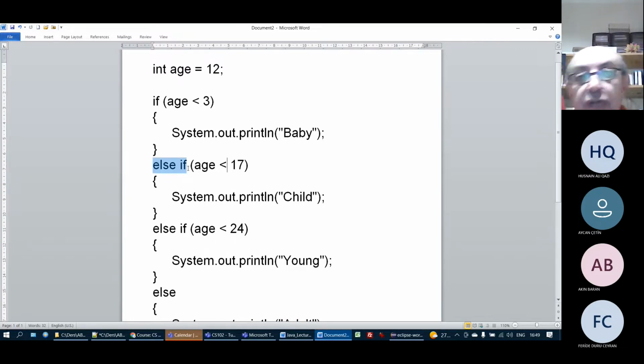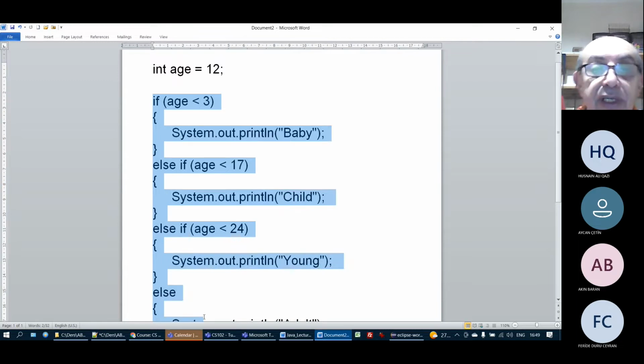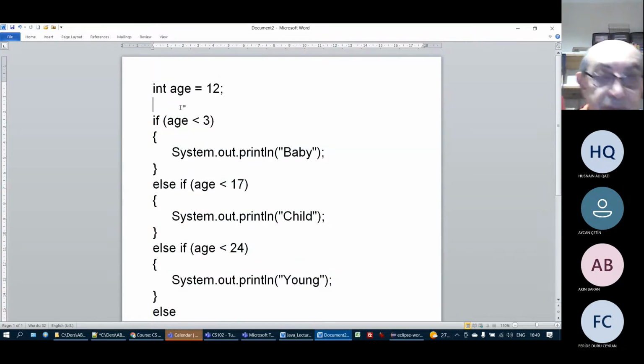So we can have this kind of nested if statements, which checks several cases together. For example, we can have a char language.